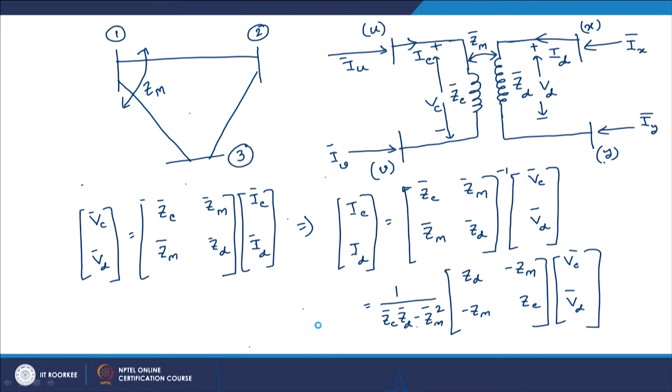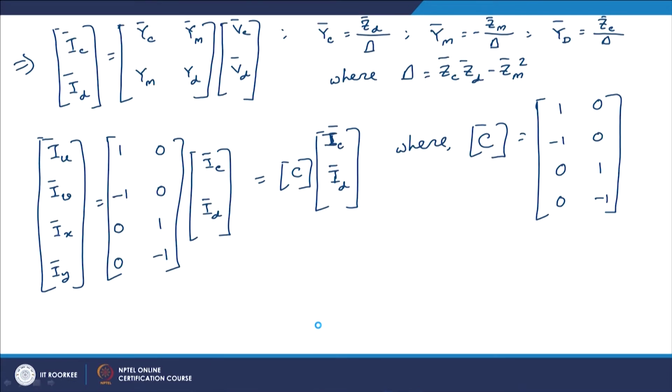So, therefore, if I write down Vc Vd is equal to, we have Vu, Vv, Vx, Vy.